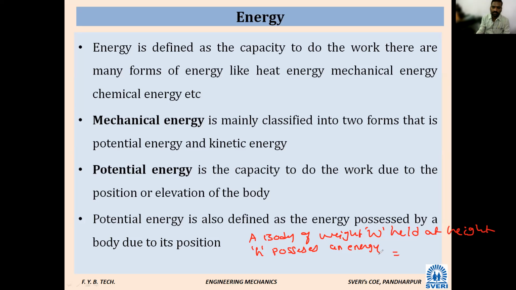Okay. Potential energy is also defined as energy possessed by a body due to its position. A body of weight W held at a height h, then what will be the potential energy?